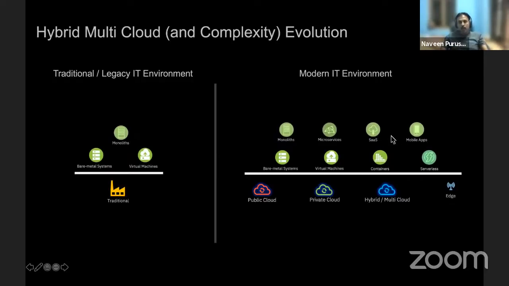Now, the other two models that we see are the software as a service model and mobile applications. Mobile applications also, most of the time, connect to a central system, often deployed on a cloud, and make API calls to deliver the service that an end user is trying to consume. In the software as a service model, everything is managed by a service provider.